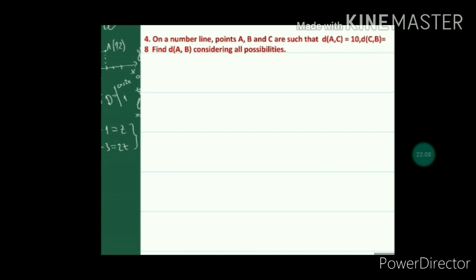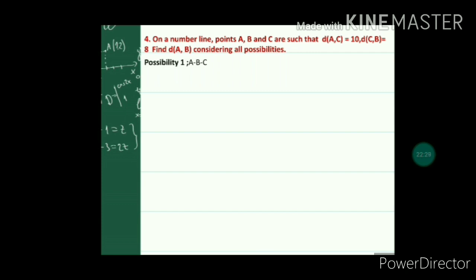Fourth example, on a number line, points A, B and C are such that distance of AC is equal to 10, distance of CB is equal to 8. Find distance of AB considering all possibilities.